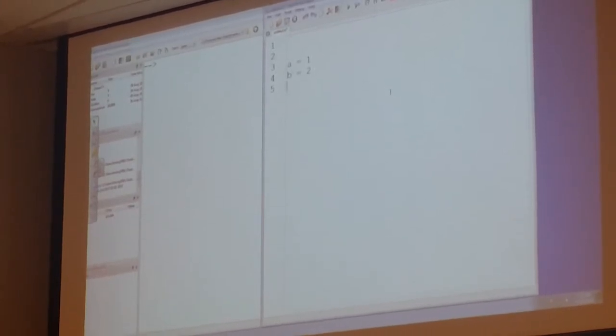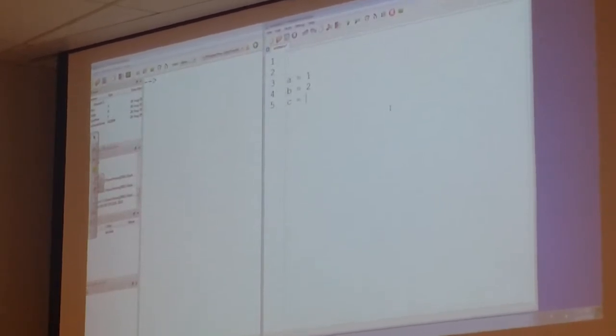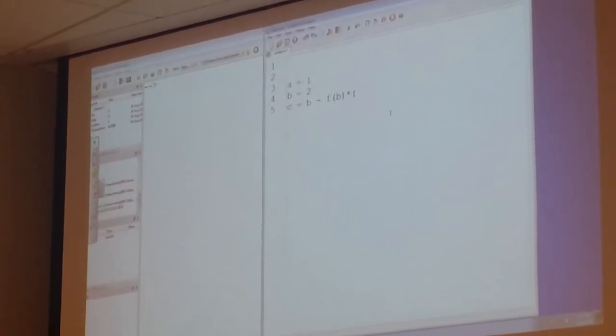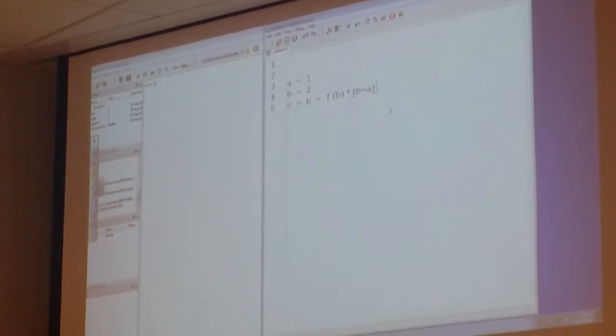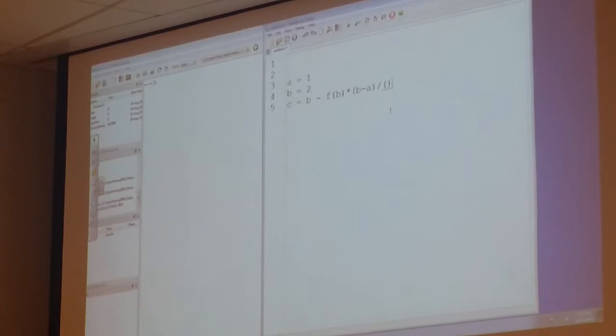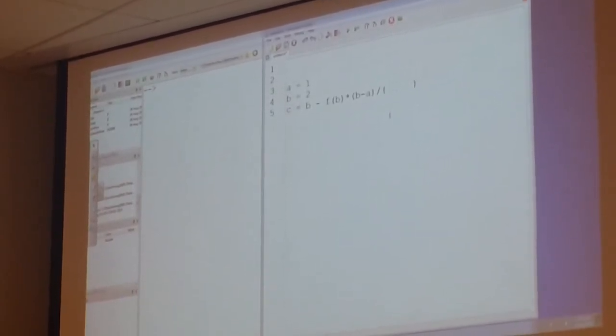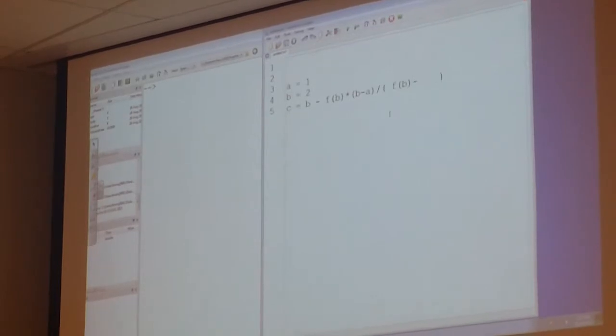That means your C must equal, first thing I always like to write just the way I have there, C equals B minus f of B times B minus A, divided by. When I divide, I always put a parenthesis, then I fill in the blank: f of B minus f of A. And make it look nice.